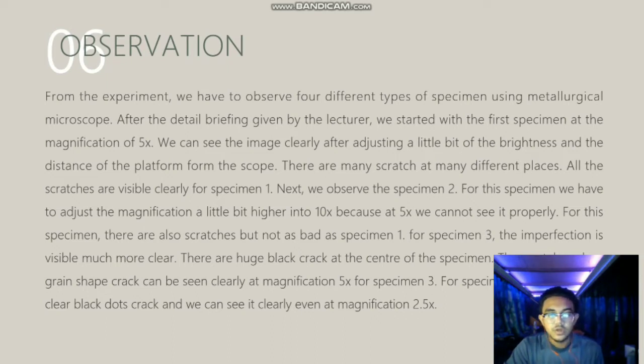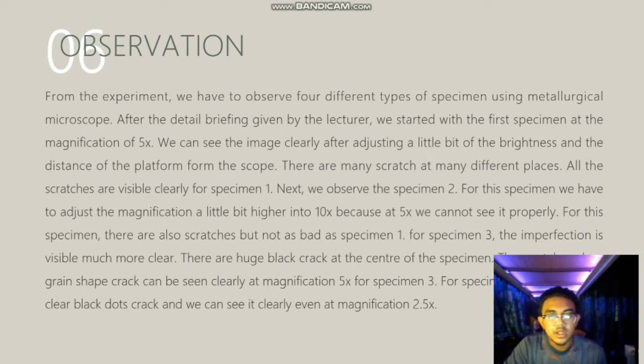As I said before, if the image is blurry and cannot be seen clearly, we have to adjust the brightness and the distance of the platform from the scope. There are many scratches at many different places. All the scratches are visible clearly for specimen 1. That is for specimen 1.